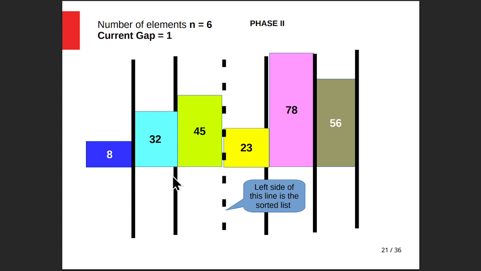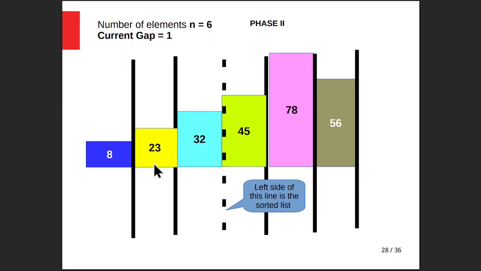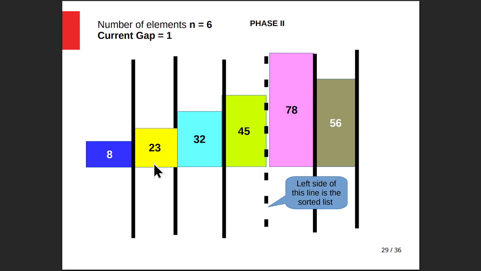So this is typical insertion sort. All right, so move 45 here, move 32 here. Now we created this space between 8 and 32, and that's where we are going to insert 23. Okay, now these elements are sorted up to 8, 23, 32, 45 are sorted.